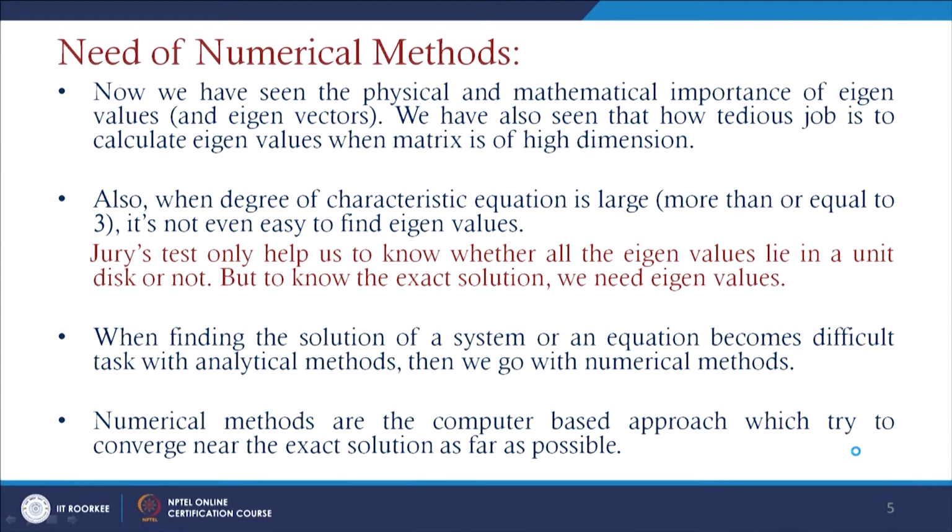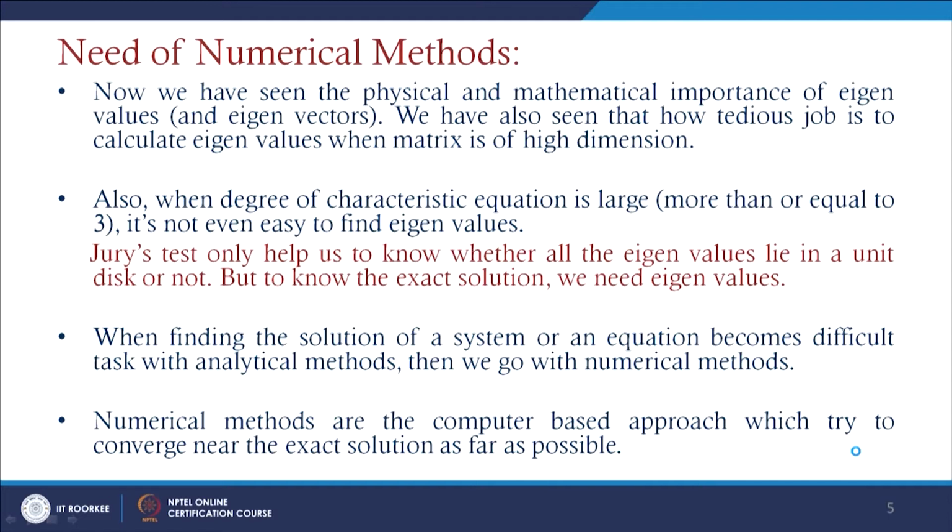And any mathematical problem associated with physical significance is important in the aspects of eigenvalues, and each of these eigenvalues is associated with an eigenvector, and also we have seen how tedious a job it is to calculate the eigenvalues when the matrix is of higher dimensions.